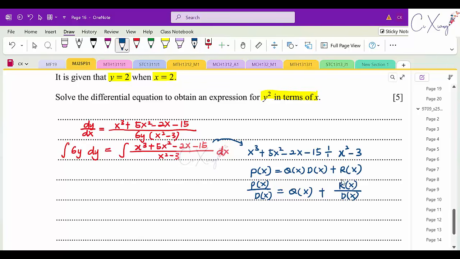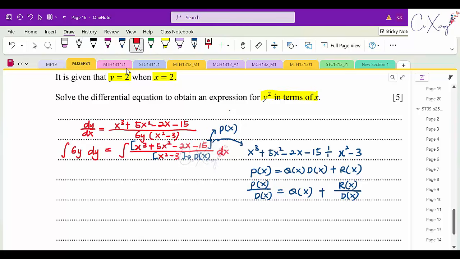Why I want to divide every single term here by using Dx, it is because in my question here, the expression on top is actually the Px. The expression at the bottom is actually the Dx divisor, right? When I'm having Px divided by Dx, I can further rewrite it become quotient plus remainder over divisor.